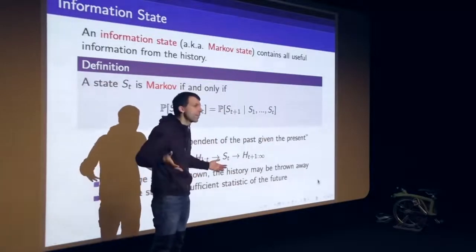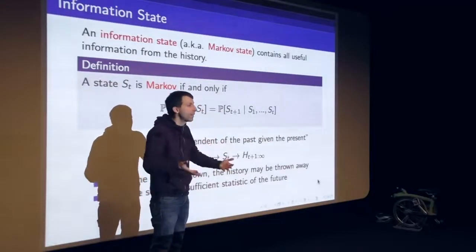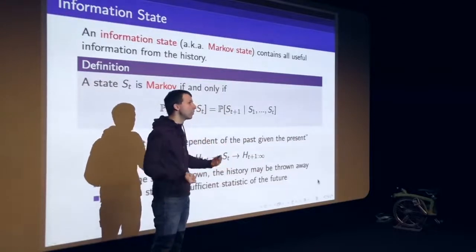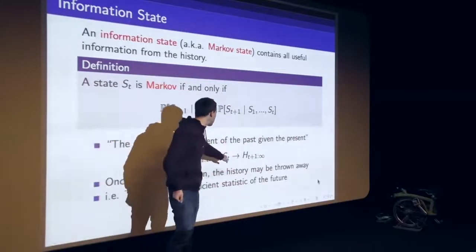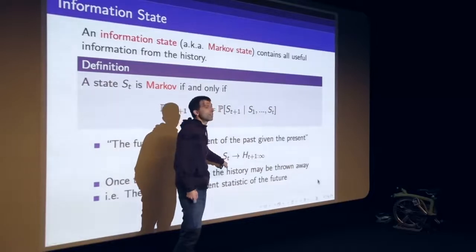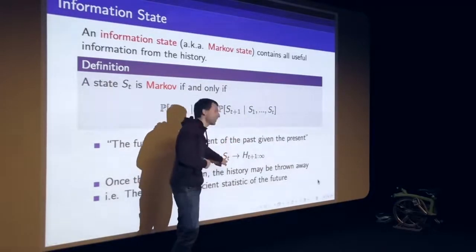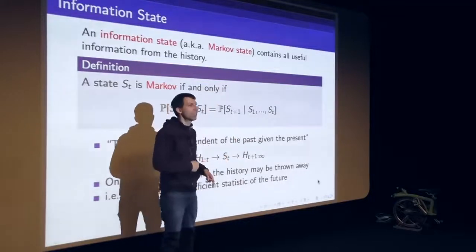So we still have to figure out how to take the right actions and what the optimal behavior will be. All this tells us is that if we make decisions based on S, those decisions can still be optimal because we haven't thrown away any information. We haven't talked yet about how to make decisions based on S rather than H.